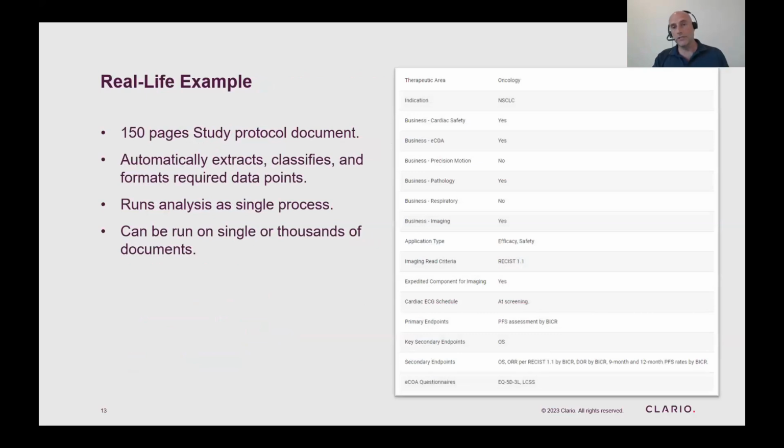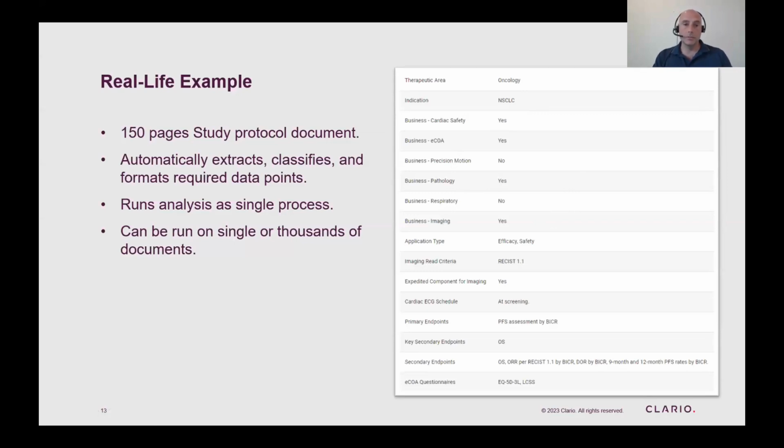And to give you a real life example, I was talking about specific data points, right? So this is an example, a subset of data points that we extracted from a 150-page study protocol that included images and tables and so on. We're able to extract key fields, right, in a very structured way. We're able to classify based on the information in the document, should a specific business line be involved, and so on.